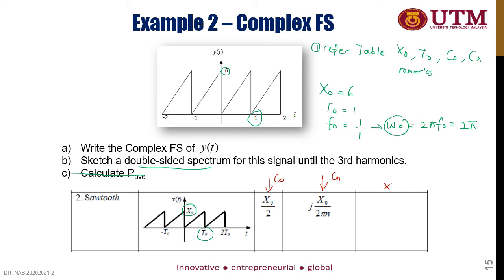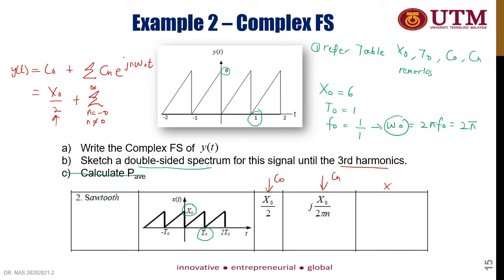So all n values need to be included up to third harmonics. So don't forget the general equation. In this case, it's y(t) equal to C naught plus the summation of Cn e^(j n omega naught t). Okay, so you already know your C naught equal to x naught divided by 2 plus the summation of all n from negative infinity to infinity except n equal 0, because this is for n equal 0.